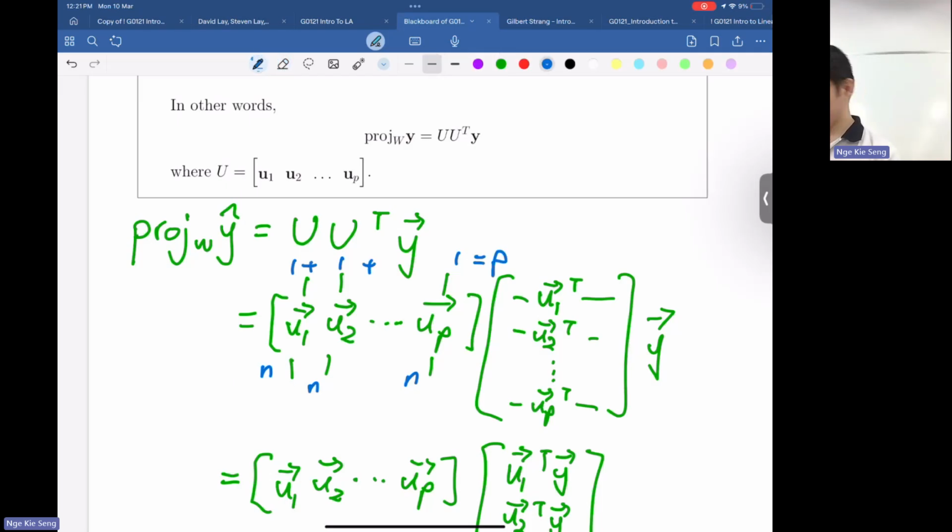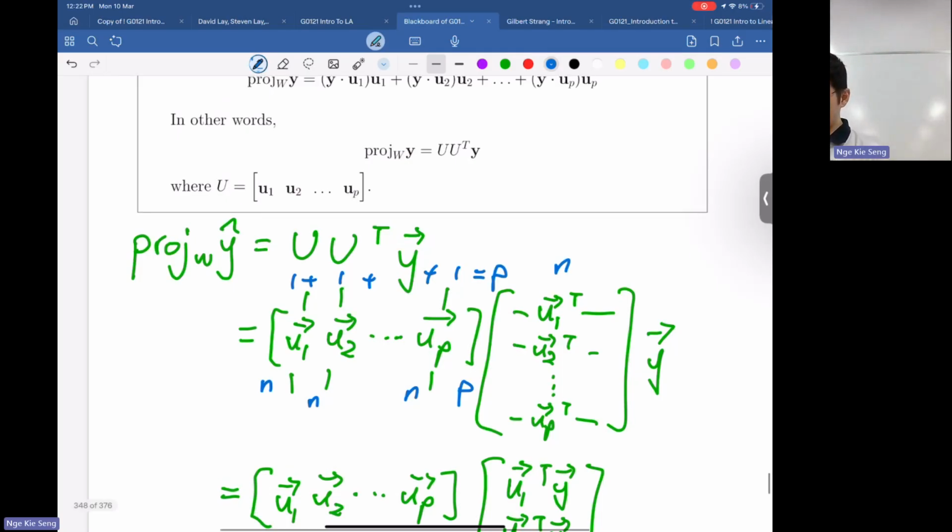Your U is n times p in size. If you transpose it, what happens? You get p times n.